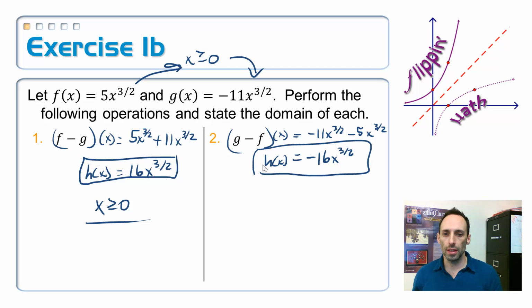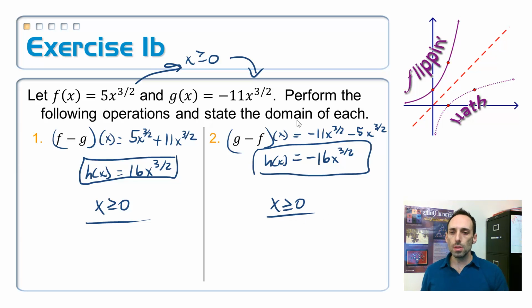And I can see that these two answers differ by a negative sign. One positive and one's negative. And that's what you should expect. Whenever you subtract numbers, 3 minus 2 is 1, but 2 minus 3 is negative 1. Whenever I switch the order, they just differ by a sign. Okay, anyway, so again, the domain is x is greater than or equal to 0.